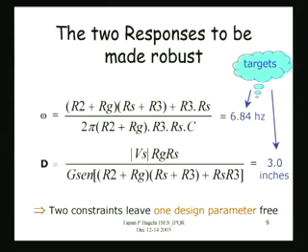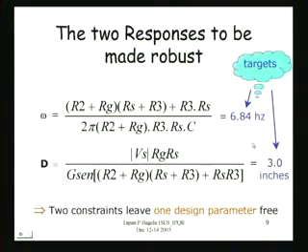And then, of course, what I do is I set the first one, omega, equal to 6.84. And I set the other one equal to 3.0. Notice here the degrees of freedom I have. I have 3 different design variables in my hand that I can pick any way I want, and I have to meet 2 target values.